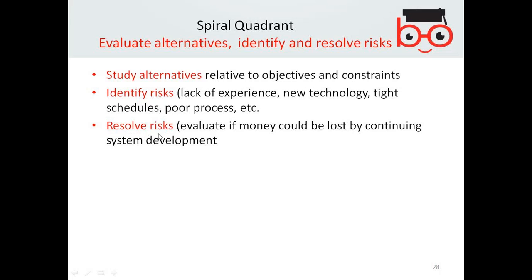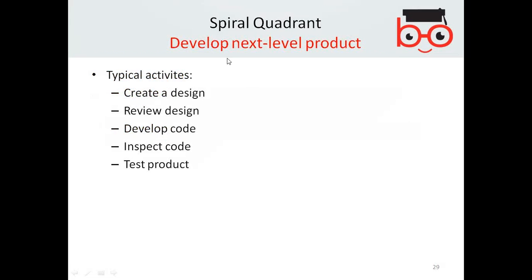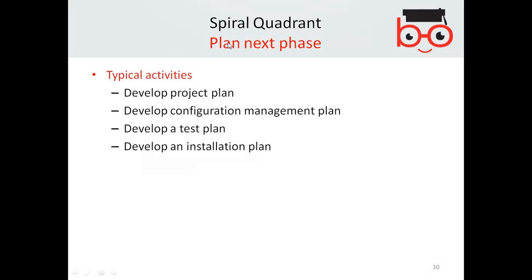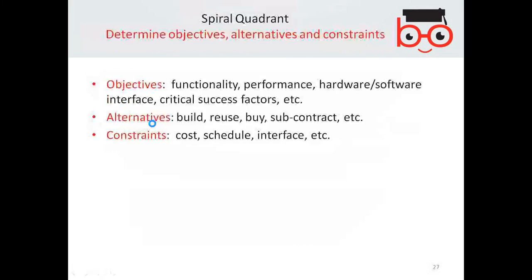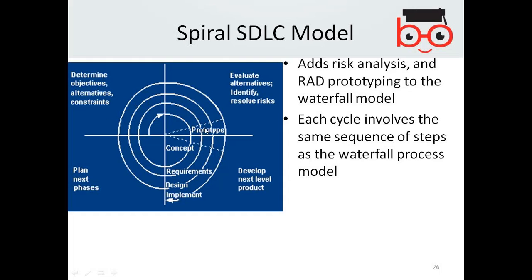In another quadrant, you develop: create, design, review, develop, inspect, and test the product. And then in the next phase, you develop a project plan, a configuration management plan, and an installation plan. Looking at this phase, again you fall into the identification of the risk. So basically this is a cycle.